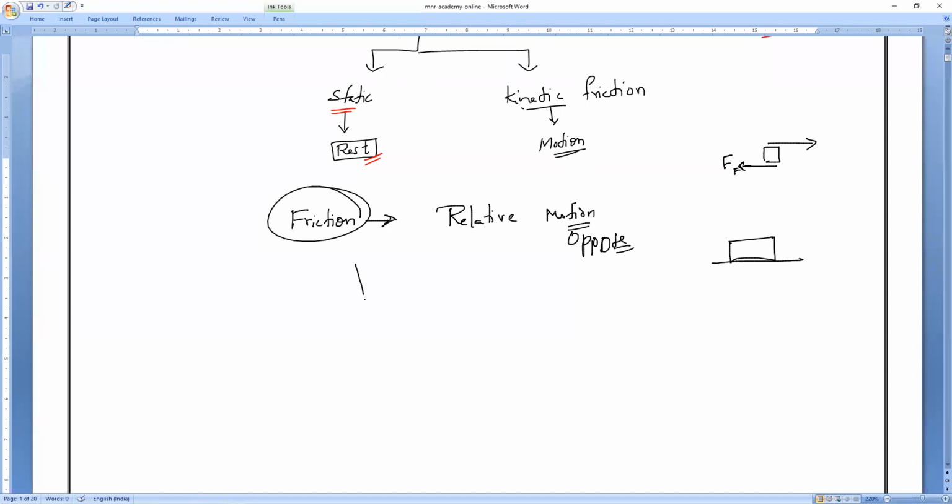It is a tendency of opposing relative motion. Means one surface is trying to move over another surface, then there is a tendency of opposing that motion, and that is what we call friction.